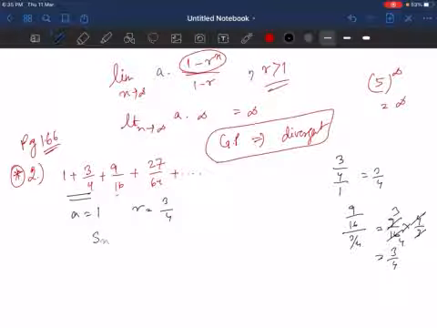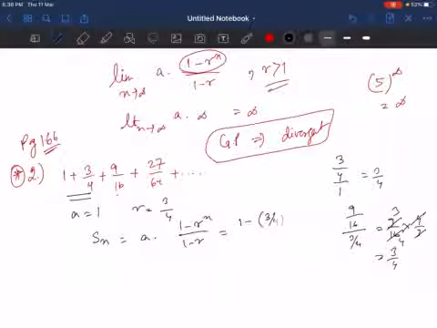So the formula of Sn will be what? I am finding the sum of n terms of this GP. So it will be A into 1 minus r to the power n divided by 1 minus r. That's the formula. A is 1, so I don't need to write that. So 1 minus 3 by 4 whole to the power n divided by 1 minus 3 by 4.